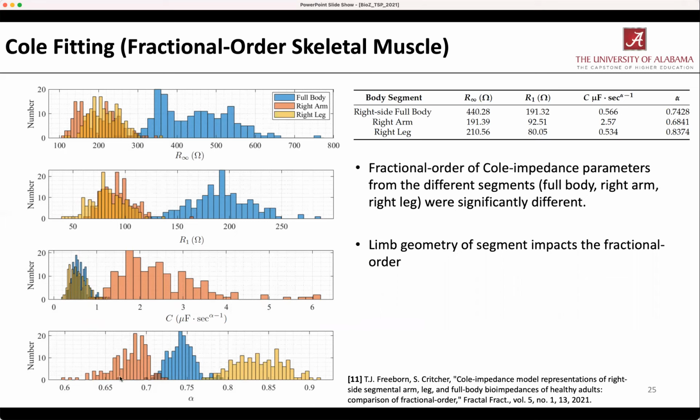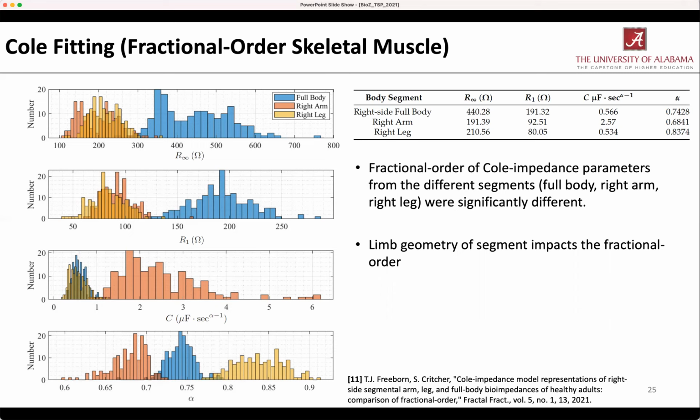So the right arm had lower values, the right leg had higher values of alpha. When we look at the medians, we see differences. And when we do a statistical analysis, the alpha value for all three of these body segments was statistically significantly different. So we disproved our hypothesis.